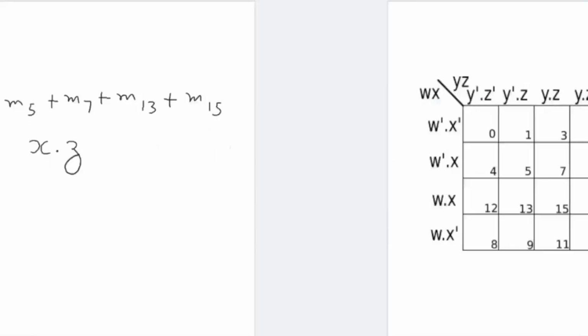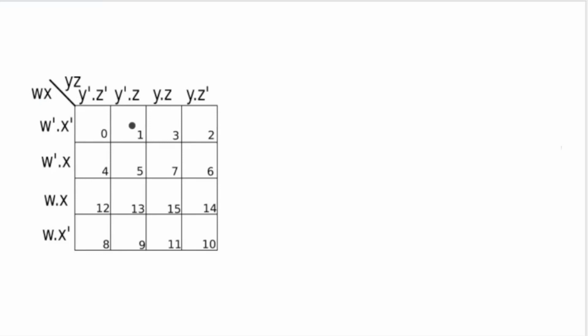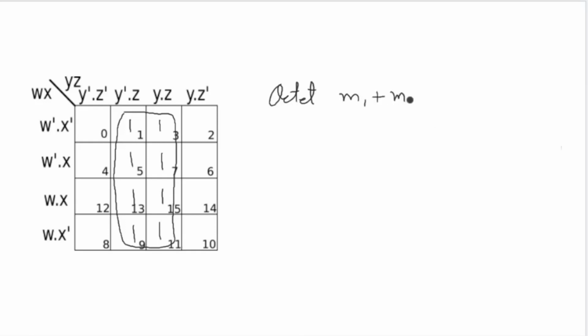Now let us see how we can reduce an octet. For an octet, we'll need a group of 8, so let's have 8 ones, and then we'll form an octet. Now this octet will be represented by m1 plus m3 plus m5 plus m7 plus m9 plus m11 plus m13 plus m15.